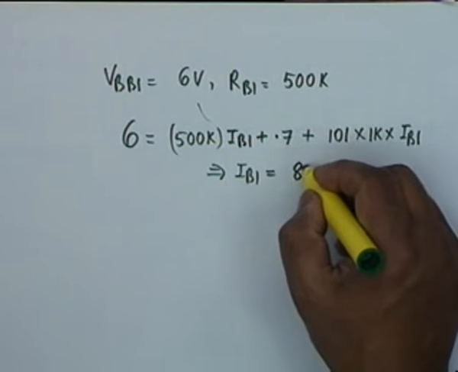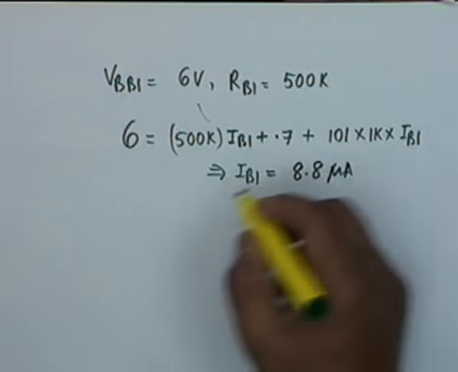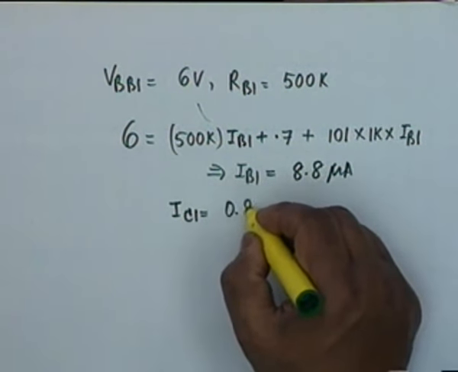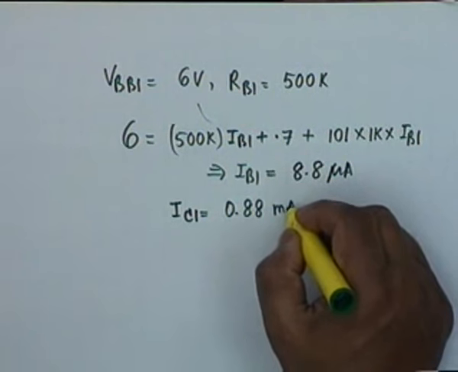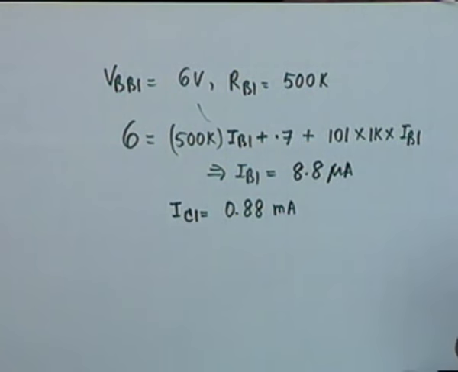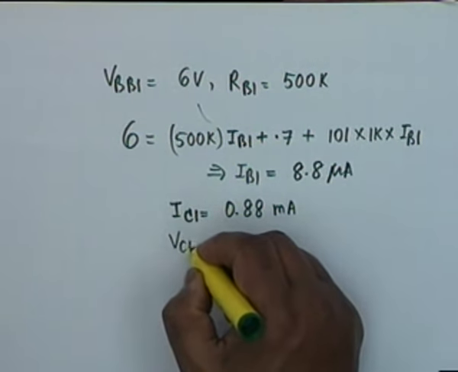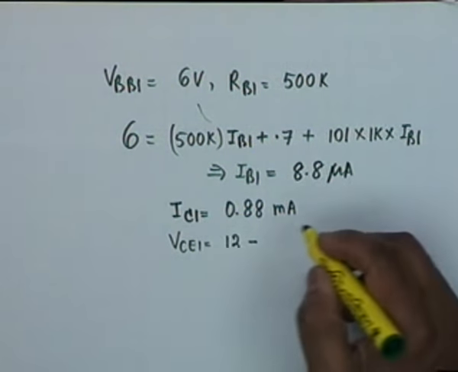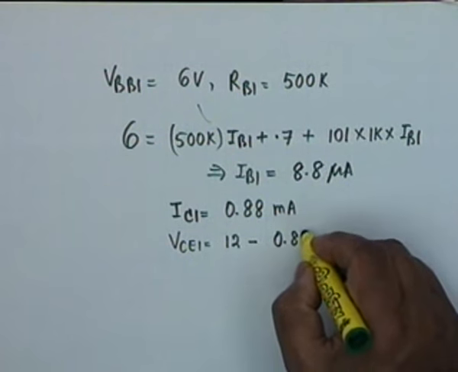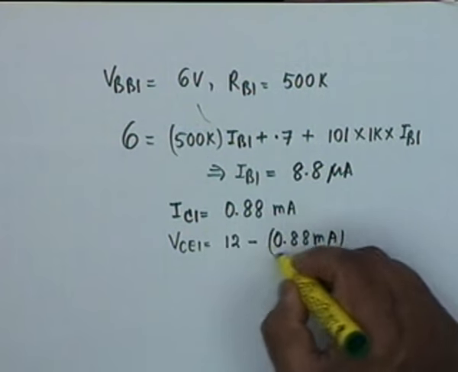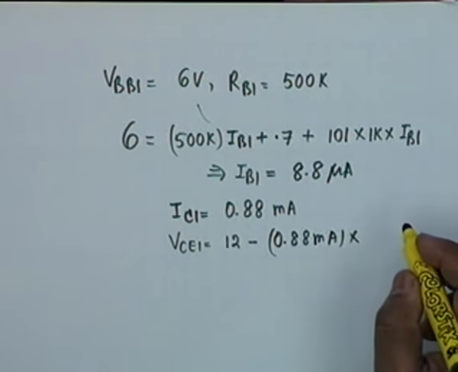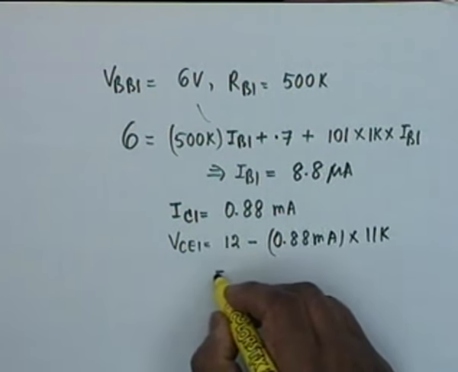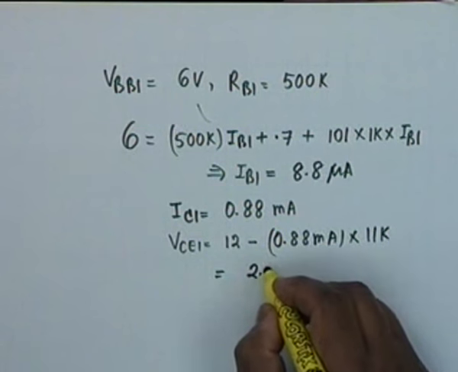IB1 is equal to 8.8 microamperes. Therefore, I sub C1 is equal to 0.88 milliampere. Multiply this by 100. And therefore, VCE1 would be equal to 12 minus 0.88 milliampere multiplied by 10K plus 1K, so 11K. And this becomes equal to 2.3 volt.